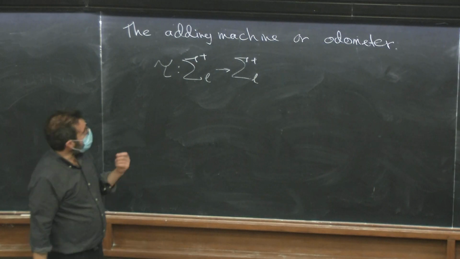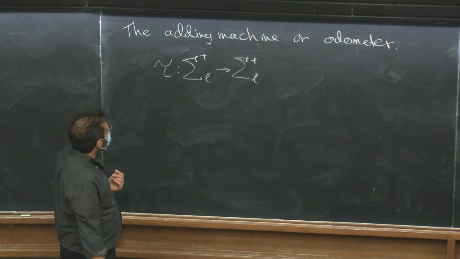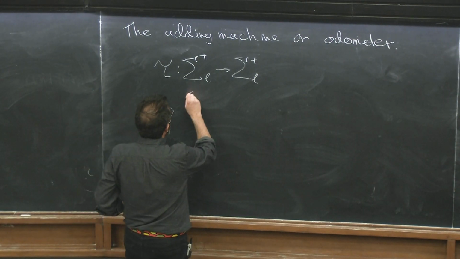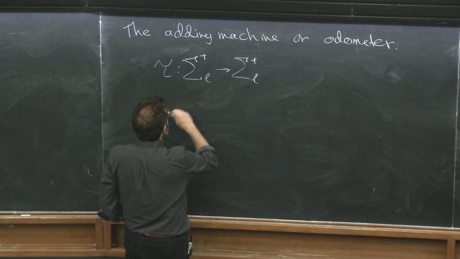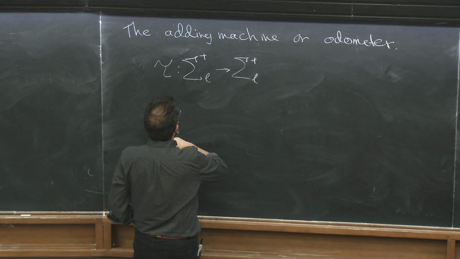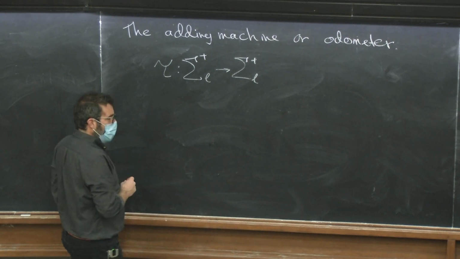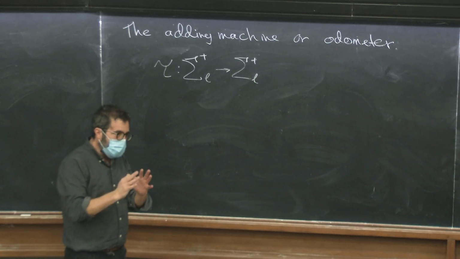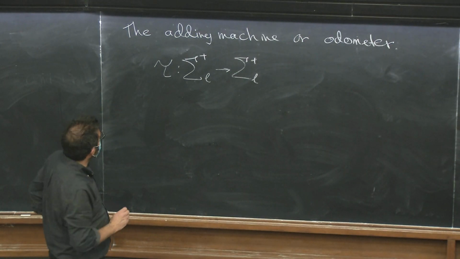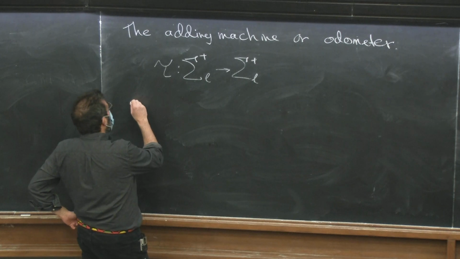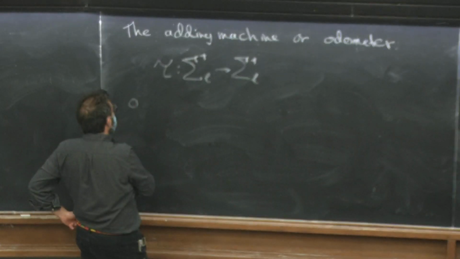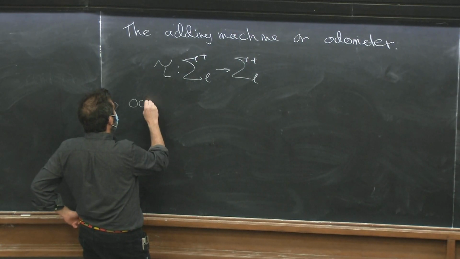So to give exactly the formal definition, so we have a sequence. The action of tau, the easiest way is just to show you how it works on a specific example, right? And then we'll see how to define it in general. So suppose we start with the sequence all zeros.